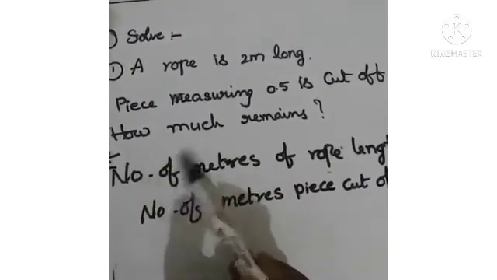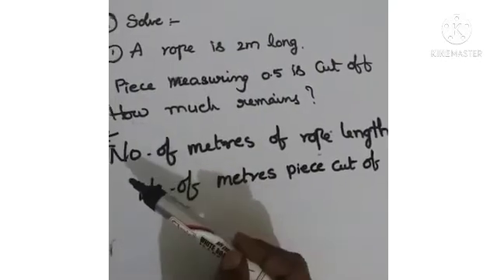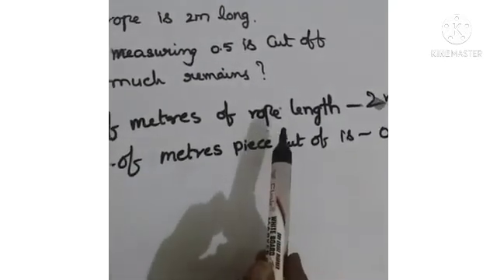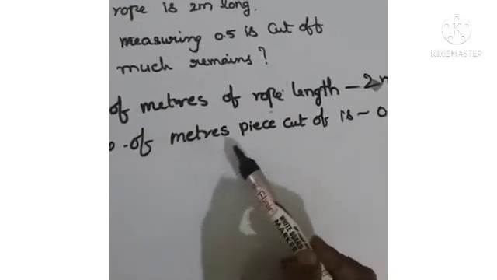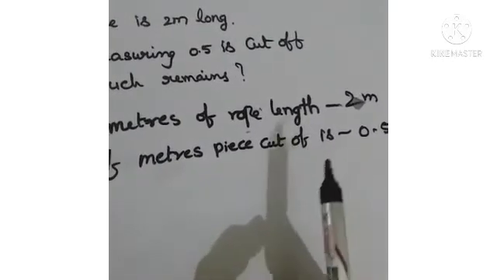So how much remains? We have to do subtraction. First write the steps. The length of the rope is 2 meters. The piece cut off is 0.5 meters.